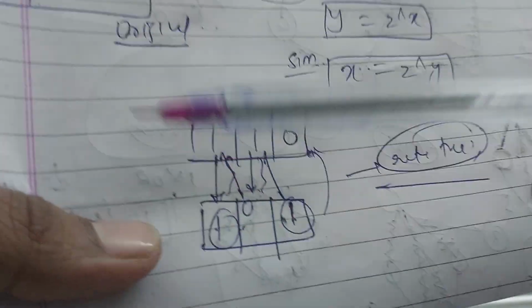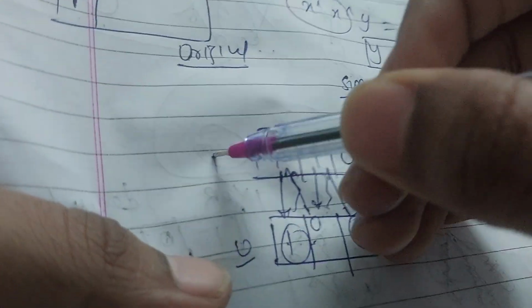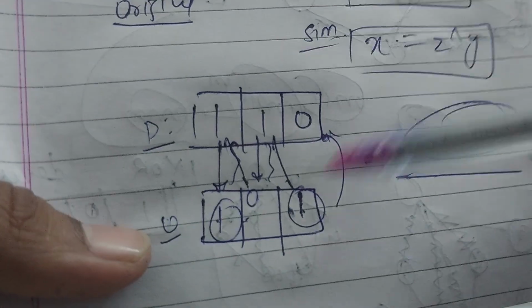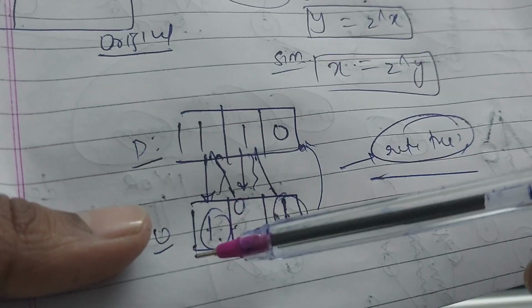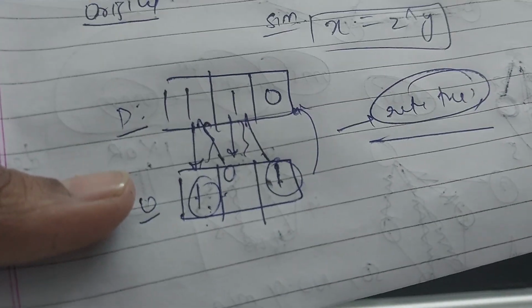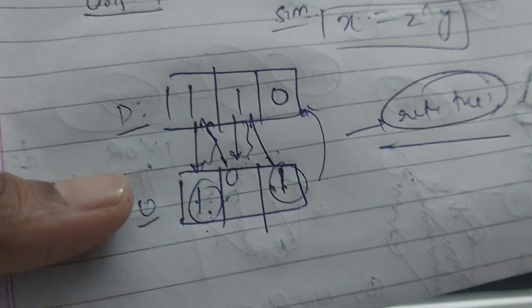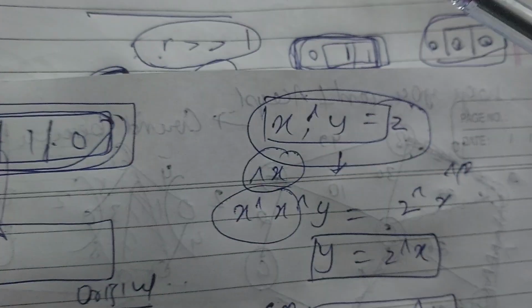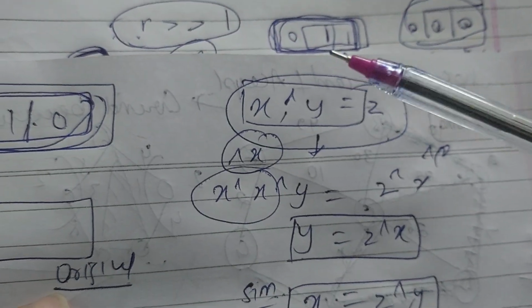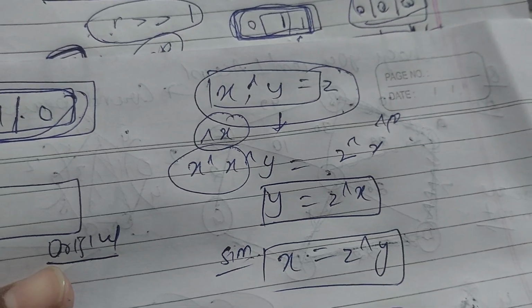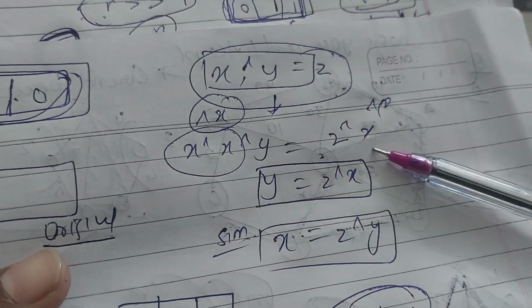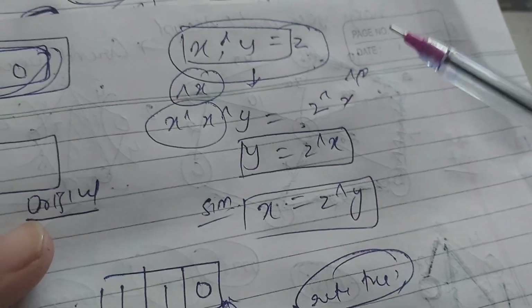Here you can see, let us take this as original and this as derived. So initially I take 1 at the 0th index in the original array. Let us firstly understand the property of XOR. If x XOR y is equal to z, then y is equal to z XOR x and x is equal to z XOR y.